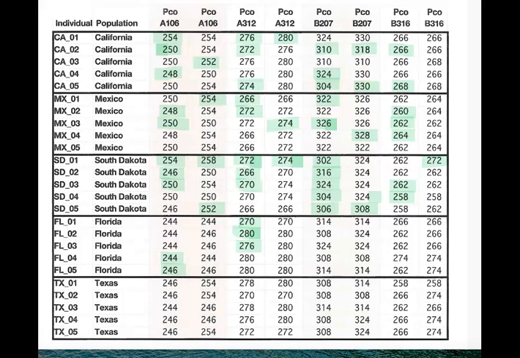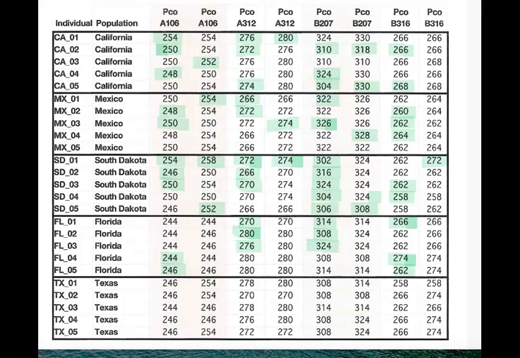Going to gene 207, 308, 314, 324. That's it. 314, 308, 324. And going to gene 316, we've got 262, 274, 266. That's it.